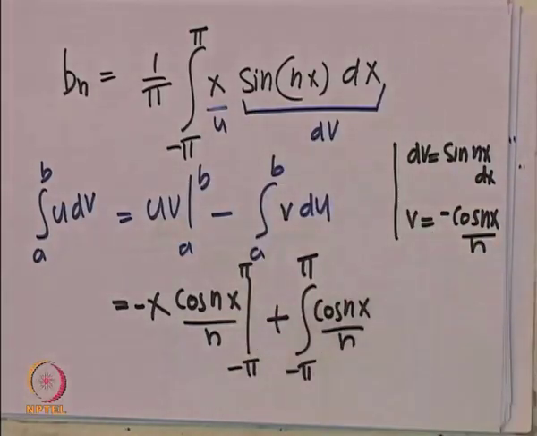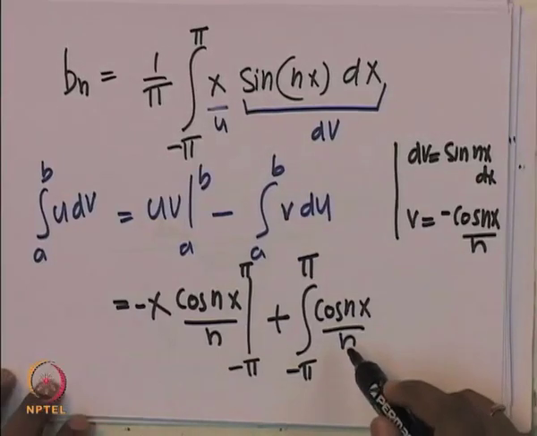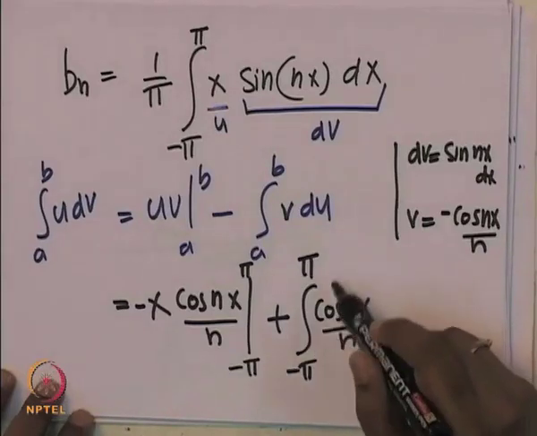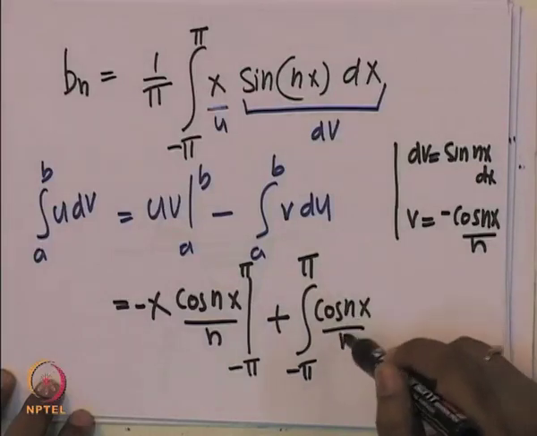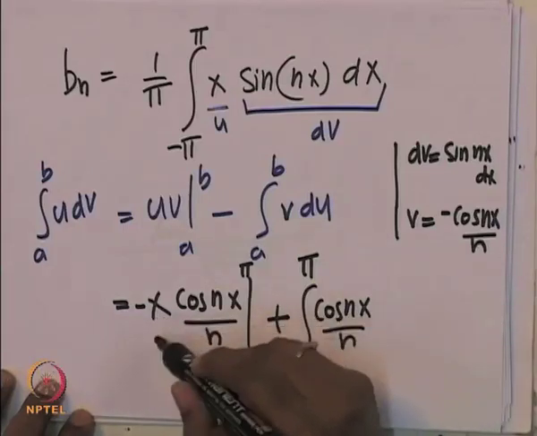So, we have this. Now, what is this? The integral of cos of anything from minus pi to plus pi has to be 0. So, typically this will become 0. So, now what you have is this particular term.